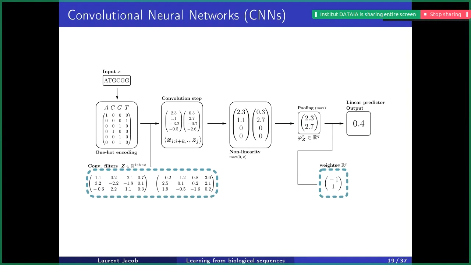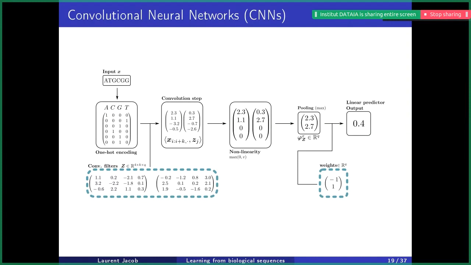It's the convolution operation. Intuitively, each of these dot products is going to tell you how similar this part of the sequence is to this convolution filter. In the end, you're going to obtain for each filter a convolution profile, the similarity of the sequence along the sequence to this filter.